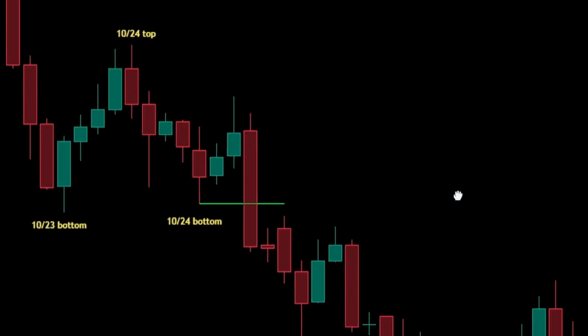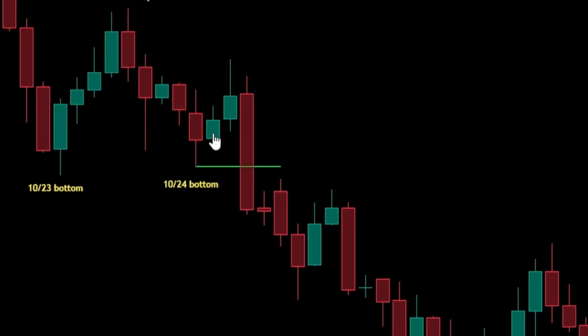So on the 4-hour chart, when prices start on October 25th started moving up and then came and broke below the low of 1024, that confirmed this corrective swing to the downside.